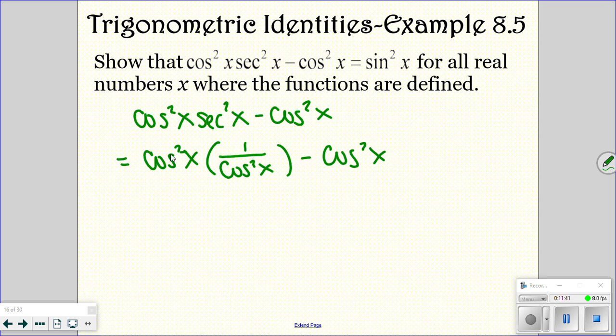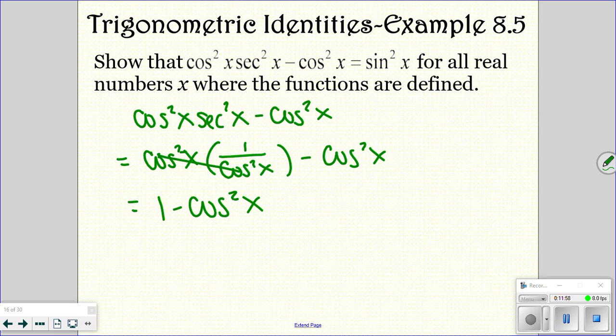Okay, and then if you look, those cancel, so that I have 1 minus cosine squared of x. And so now we're trying to make it equal sine squared. So some of you may know what to do. Some of you may be stuck.